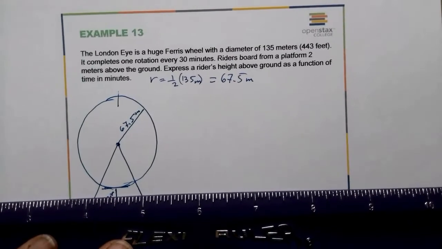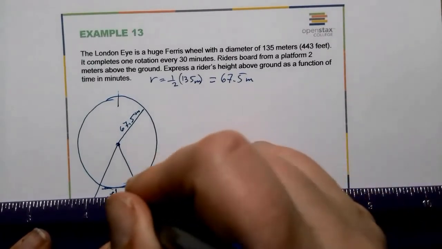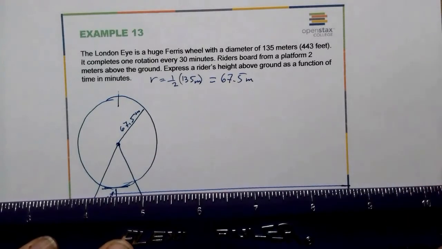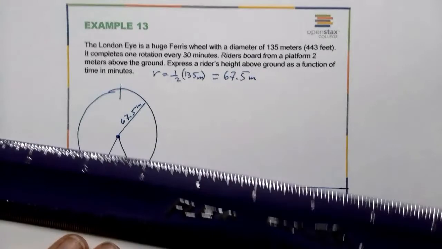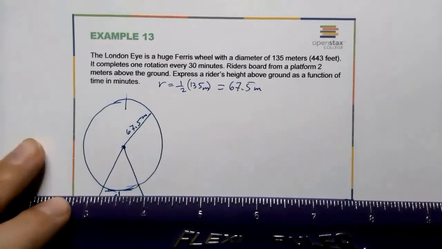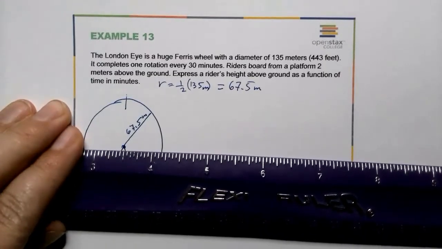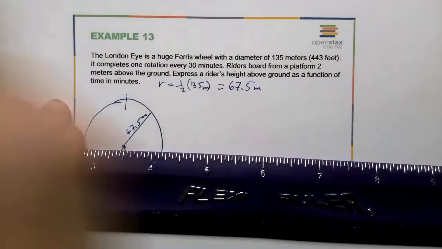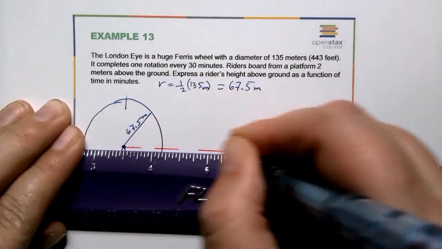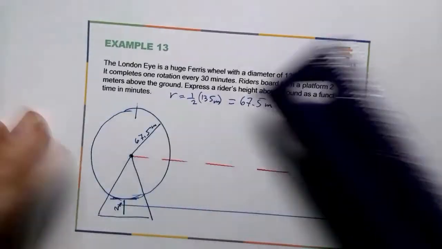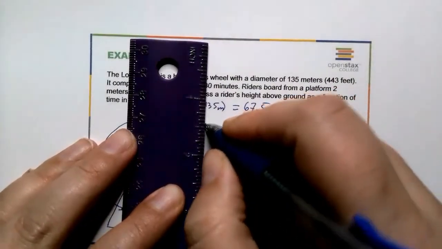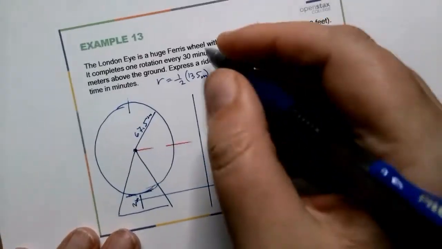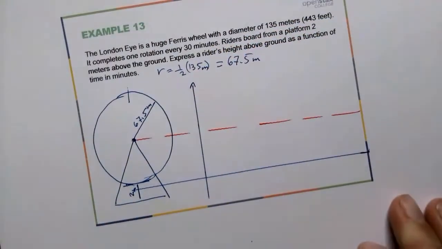Let's make it a little shorter like this. So my ground is going to be right here. My center line is right here.